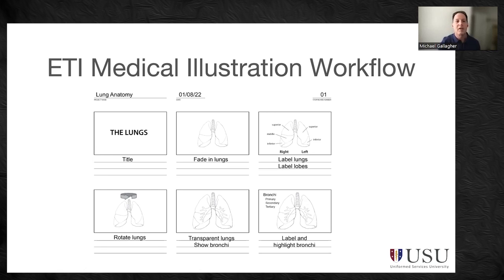There'll be the title of the lungs, and then you'll see the lungs fade in, labels added, and then on the bottom row, the direction is to rotate the lungs. Then we have the lungs going transparent, showing the bronchi, and then labels and highlighting the bronchi. So you see how this is like an outline and a shot by shot of what you're going to be seeing on the screen, and the step-by-step of the process.